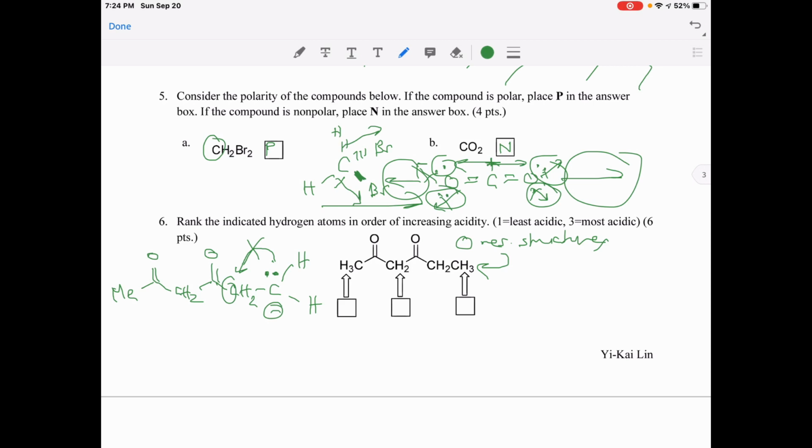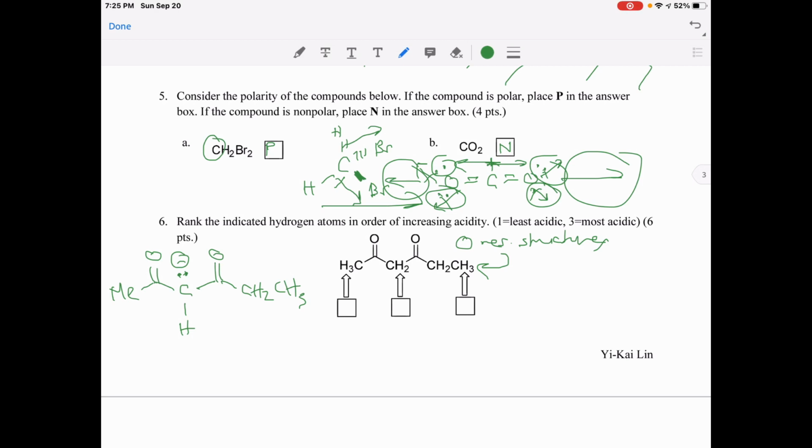Now let's examine the hydrogen in the middle of the molecule. If we deprotonate the hydrogen in the middle of the molecule, we end up with this compound. Now this is an interesting situation, because we have a negative charge that is situated between two carbonyl groups.